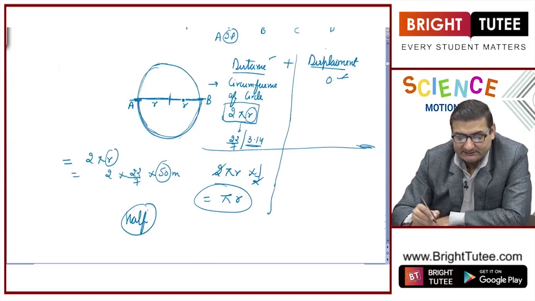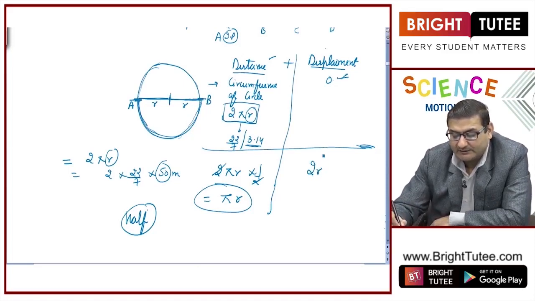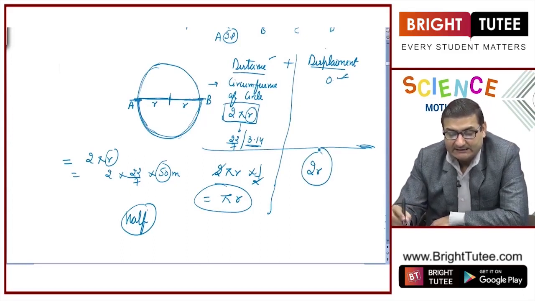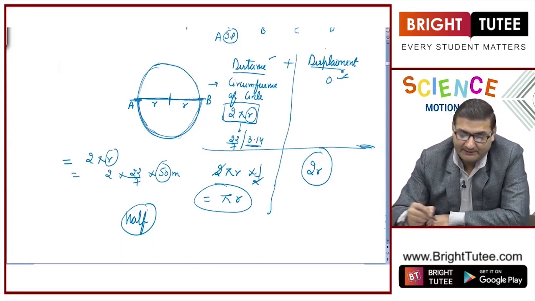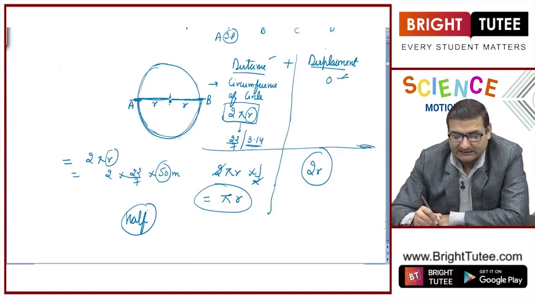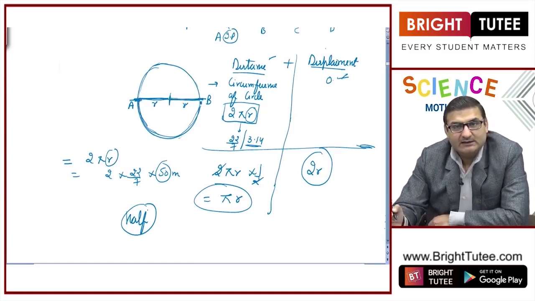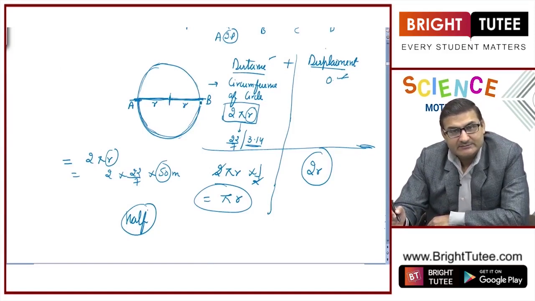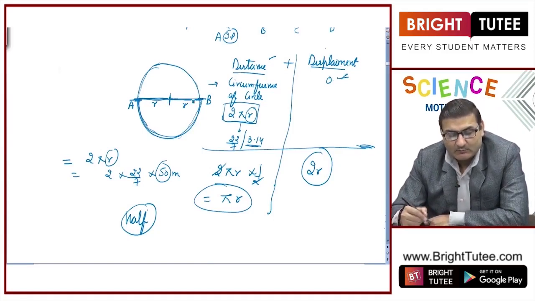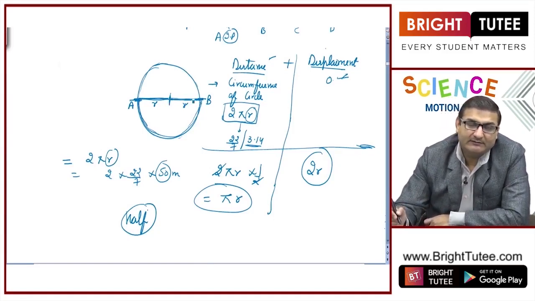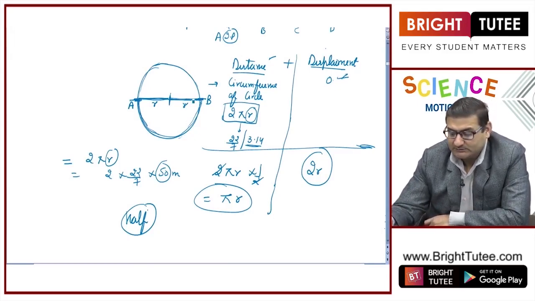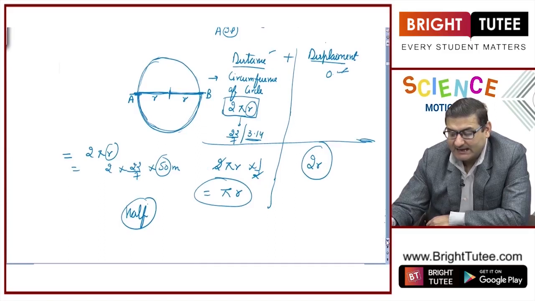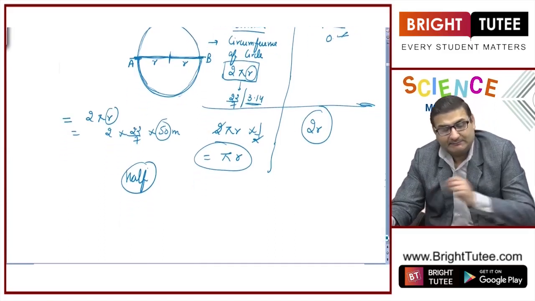This part is the radius, this is also the radius. So if I am taking half a rotation, then I can say that the displacement will be r plus this r, that is 2r, twice the radius. Got it? This is quite important that you need to relate. Fine, right? So this is our distance and displacement concept.